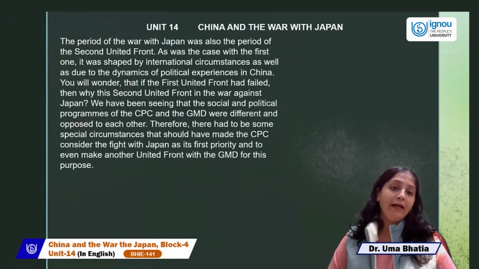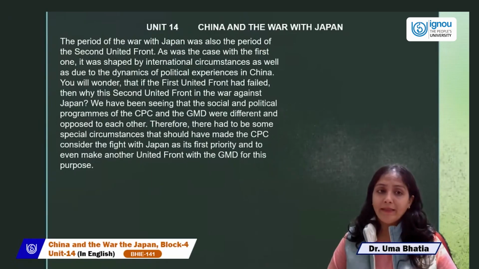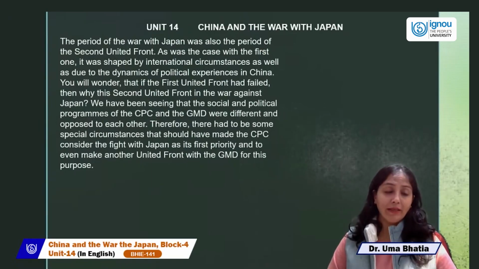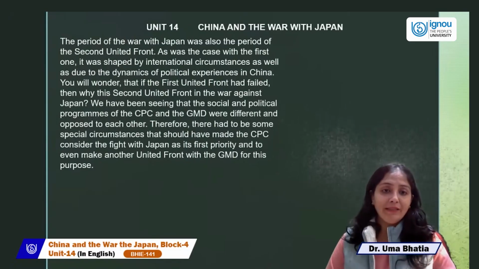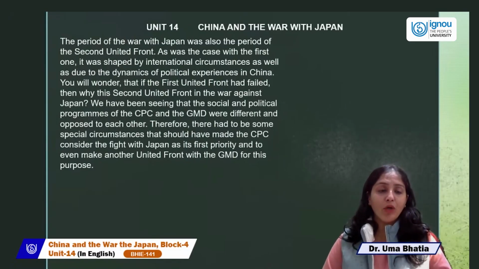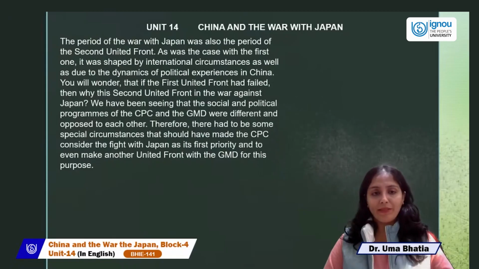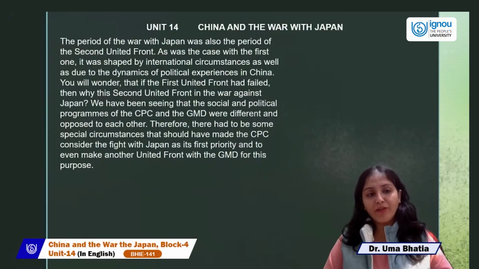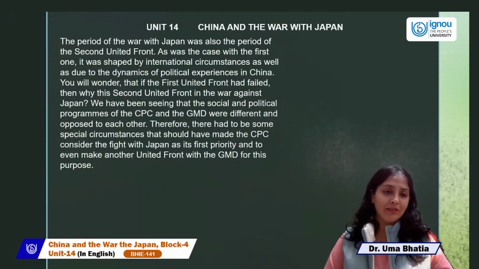You will wonder, if the first United Front had failed, then why a second United Front in the war against Japan? We have been seeing that the social and political programs of the CPC, the Chinese Communist Party, and the Kuomintang, the GMD, were different and opposed to each other.